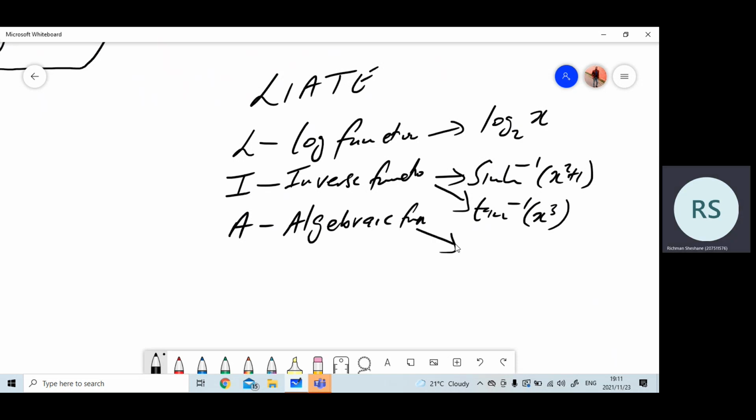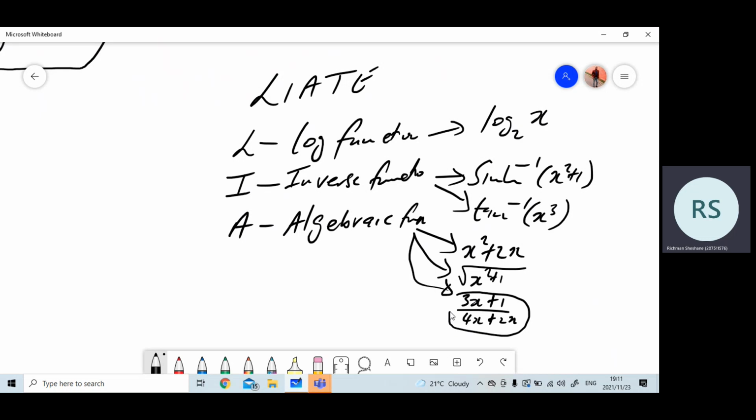These functions can be a parabola. This is an algebraic function, or square root of x squared plus 1. This is still an algebraic function, or it can be a rational function, like 3x plus 1 over 4x plus 2x.